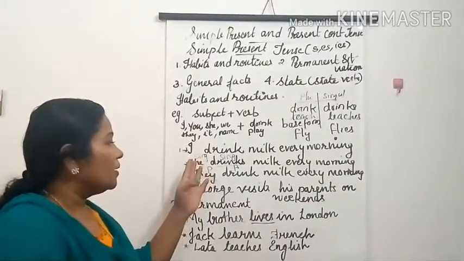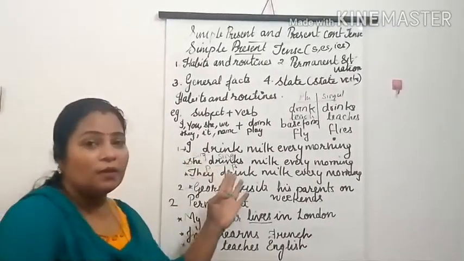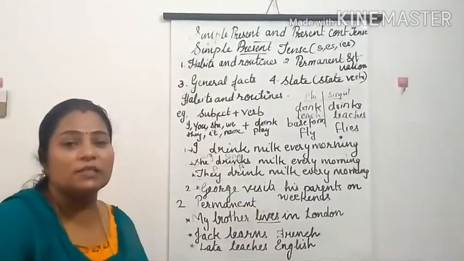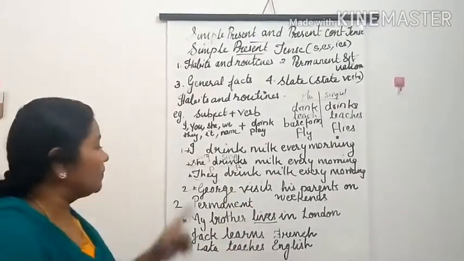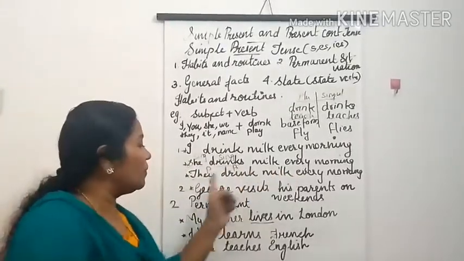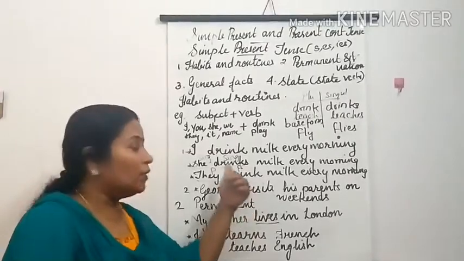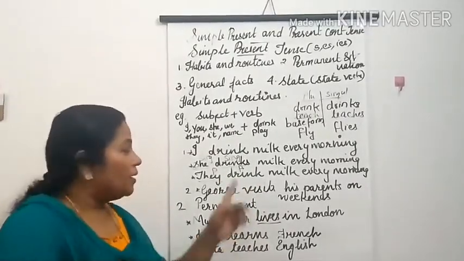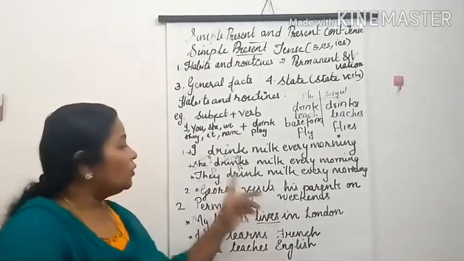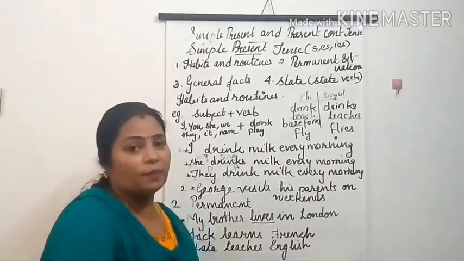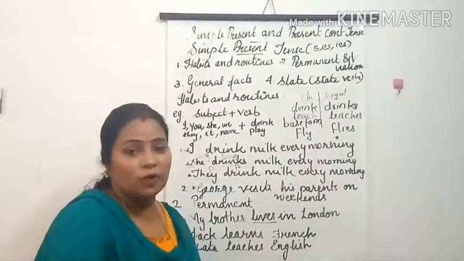Now, here I have given more examples to make it clear how we change verb with the subject. She drinks milk every morning. They drink milk every morning. See the word drink in all these cases. It has changed. To understand how this change has come, just look at this. Plural and singular verb.